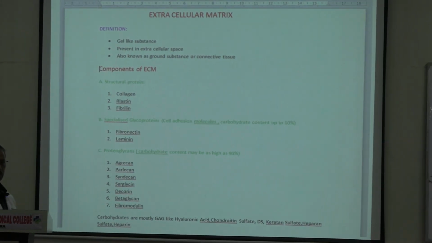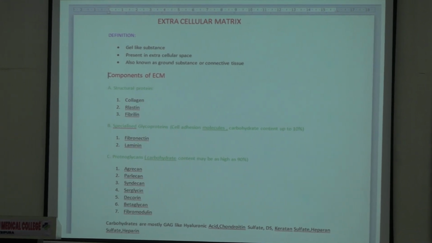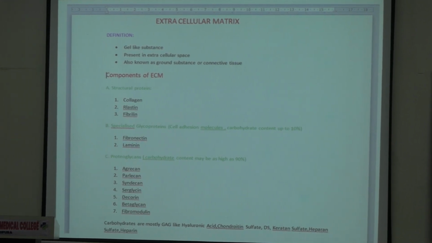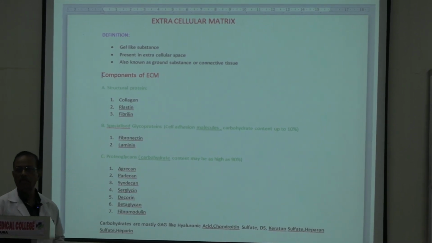So this is a gel-like substance present in extracellular space, also known as ground substance or connective tissue. From that, can you see? Can you understand that? Okay.